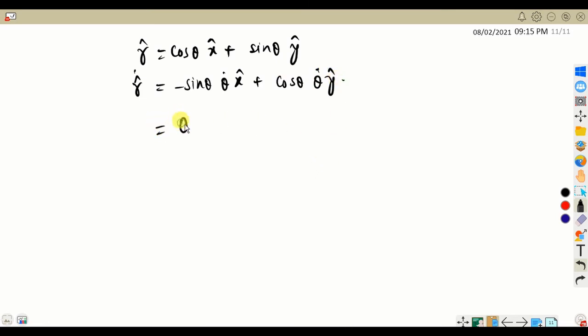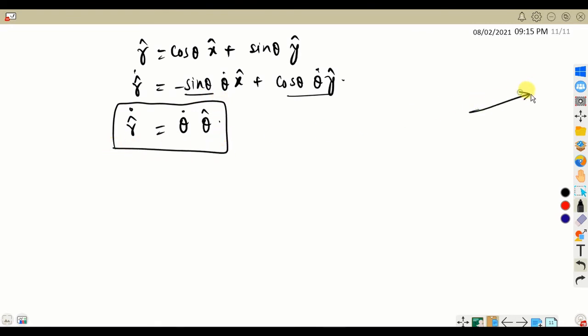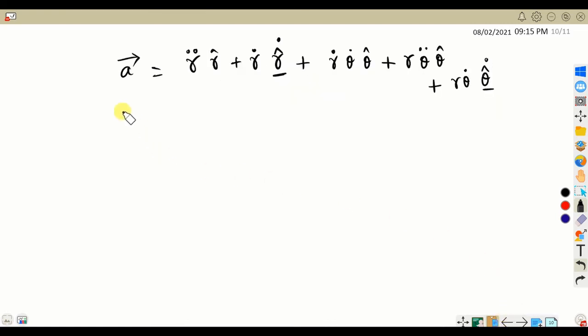If I take theta dot common, then minus sine theta x hat plus cos theta y hat is nothing but theta hat. So you see the change in this radial vector's direction involves omega times your theta hat, in the theta direction. So r hat dot is theta dot theta hat.